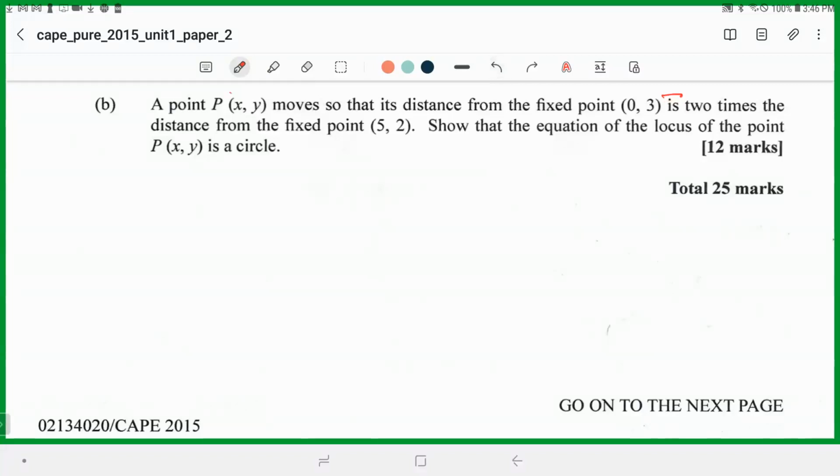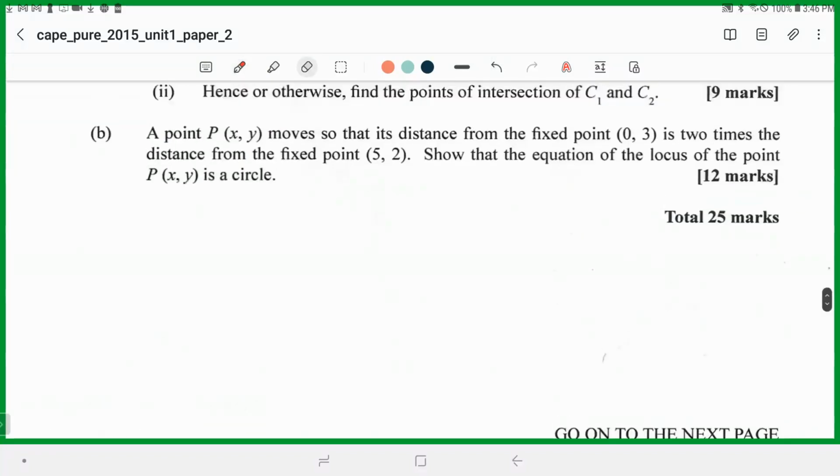So let's call this point P. Let me call this point A so we can reference them. Call this point A, and call this point B. So this distance is AP.